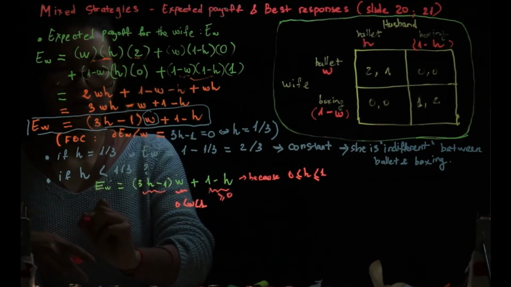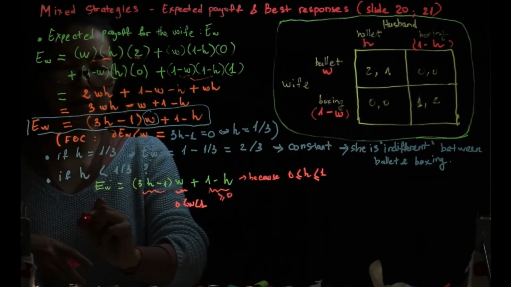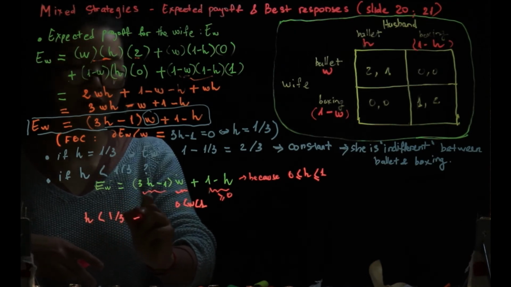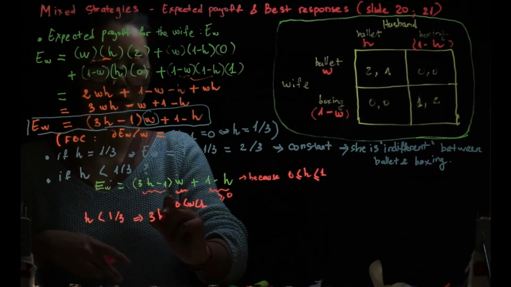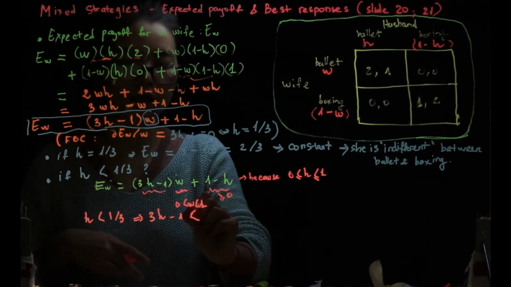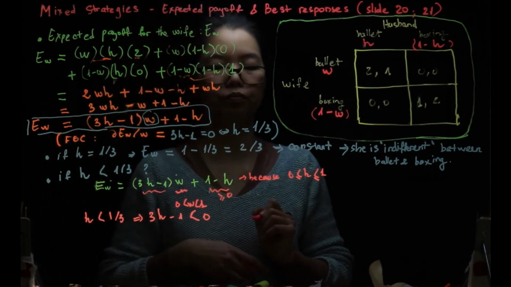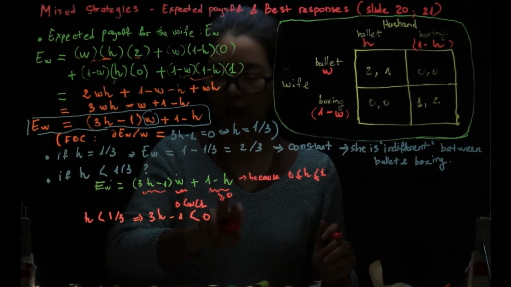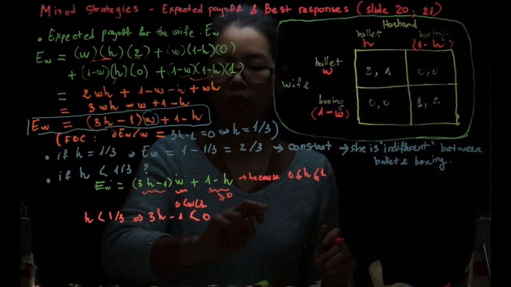Let's say, when H is smaller than 1/3, then 3H minus 1 will be smaller than 0, negative. So you have a negative term plus a positive term.